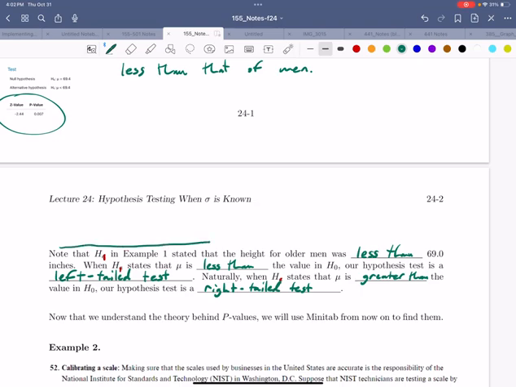Now, by the way, the reason we call them left- and right-tailed tests is, let me actually draw this in red, make this pop. What is really happening is that we have our hypothesized mean. And in a left-tailed test, we get a sample mean that's less than that. That's our x bar. And we want to see what's the area under the normal curve, really under the sampling distribution curve.